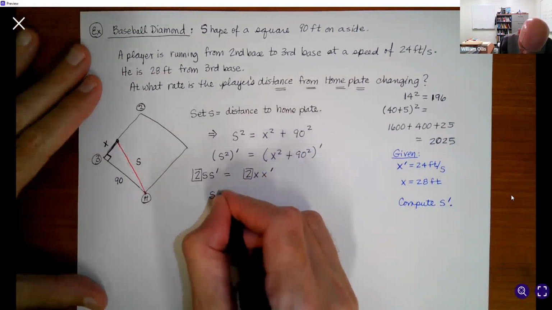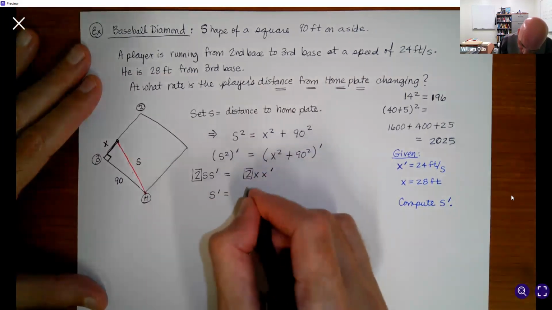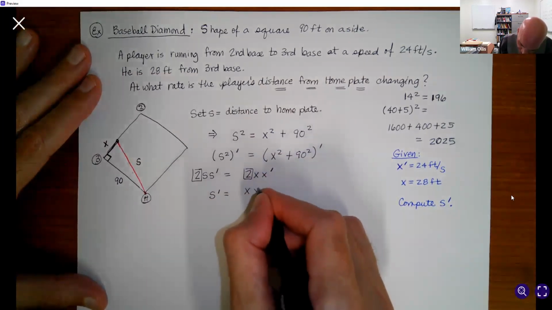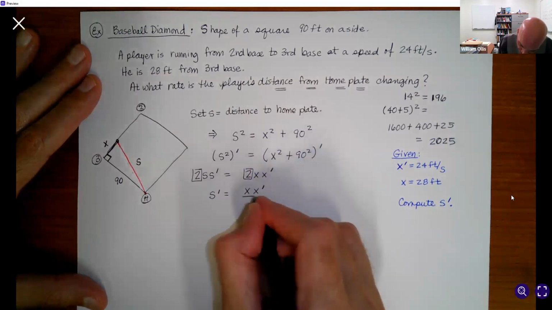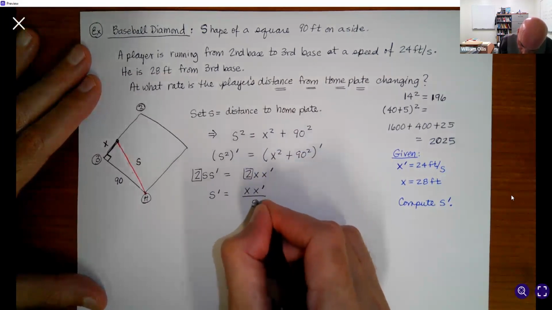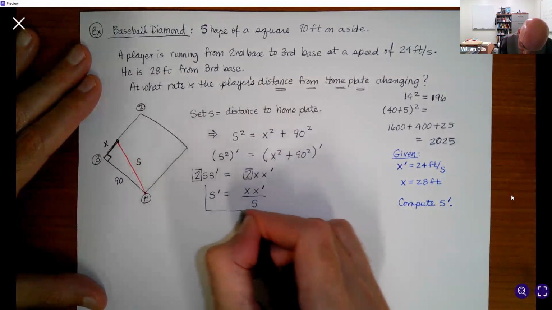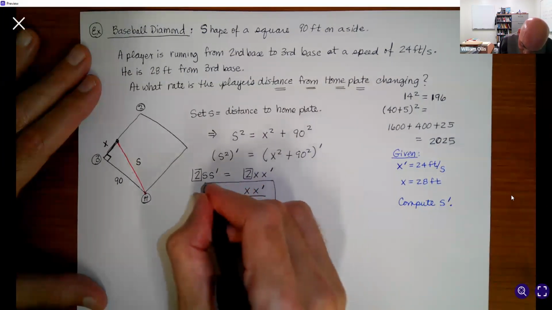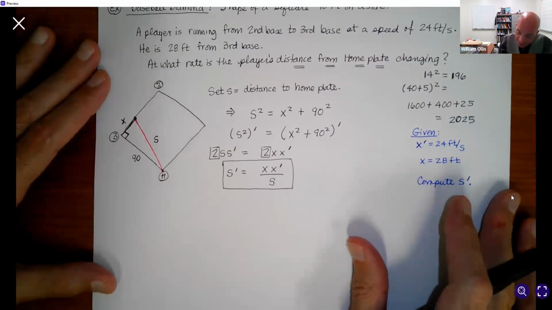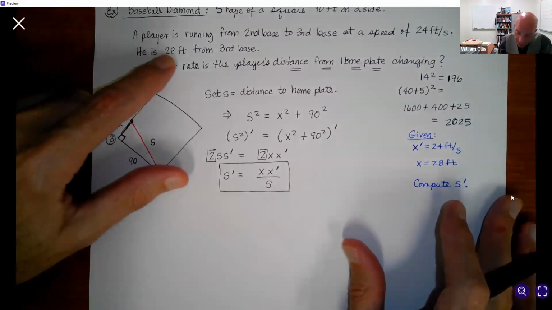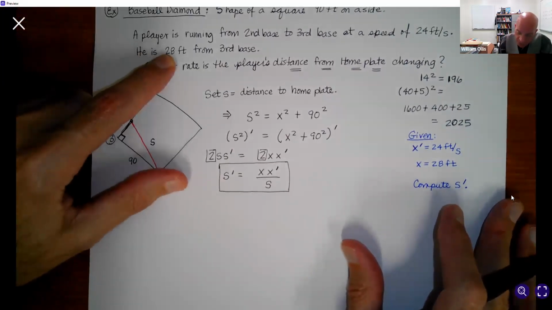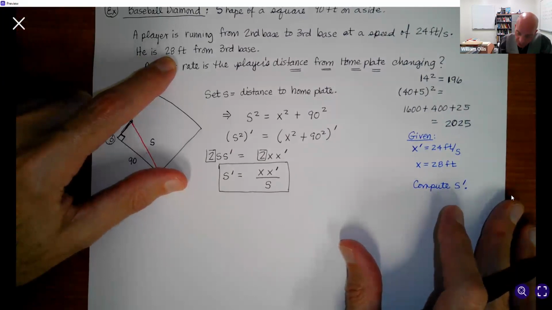So this is fairly straightforward, but interesting. So we have X times X prime divided by S. So this gives us a relationship between the rates, the relation of the rates. And so the snapshot is when we have the 28 feet. So that's where we need to do a calculation.